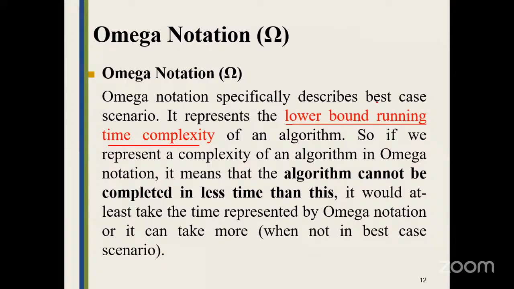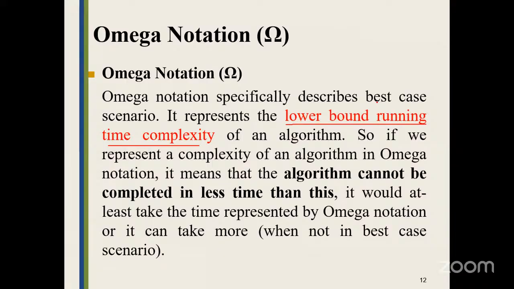For example, I have an algorithm and I'm representing that the omega notation of that particular algorithm is 2 seconds, let us say, to make the concept clear. 2 seconds means at any cost, we cannot run that algorithm in less than 2 seconds. That is the meaning of omega notation.